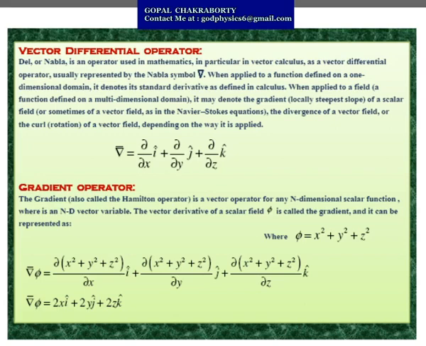So the same operator, when it operates over some scalar quantity, changes its value and in addition gives it some direction, so it makes it a vector quantity. This is your gradient operator.